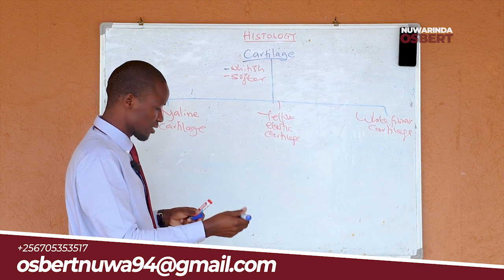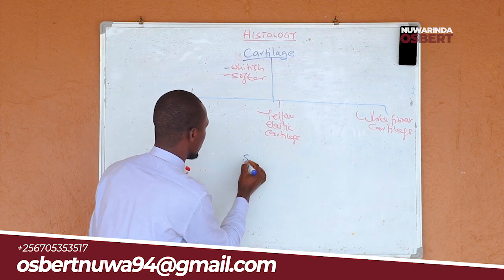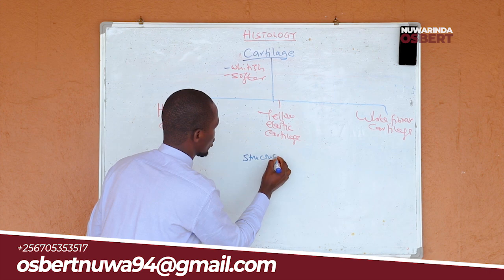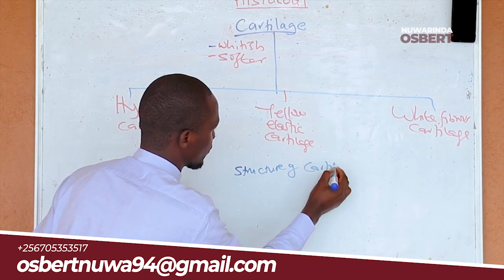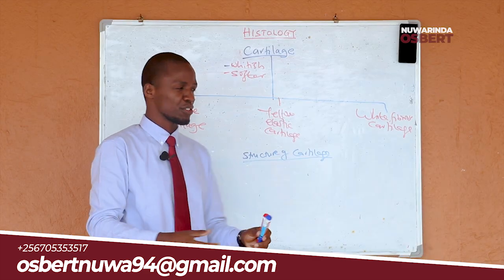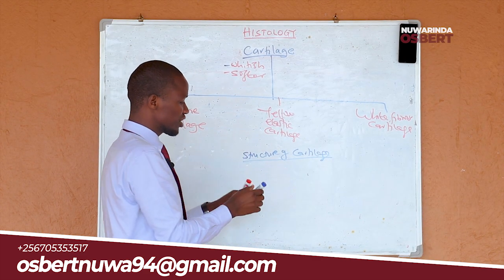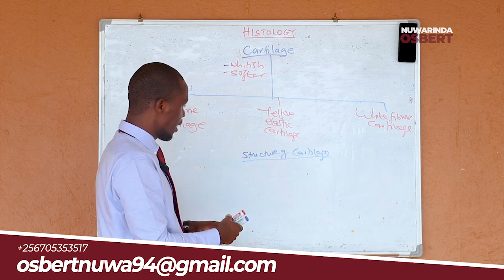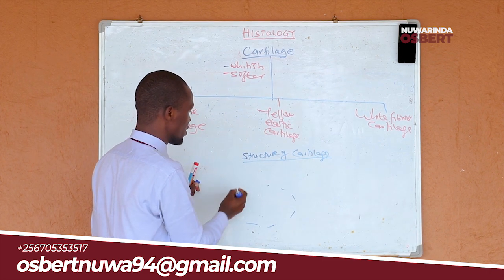Let me first do some small structure here. Structure of cartilage. Like all connective tissues, cartilage is made up of a matrix. We have got a matrix, which is the liquid substance.